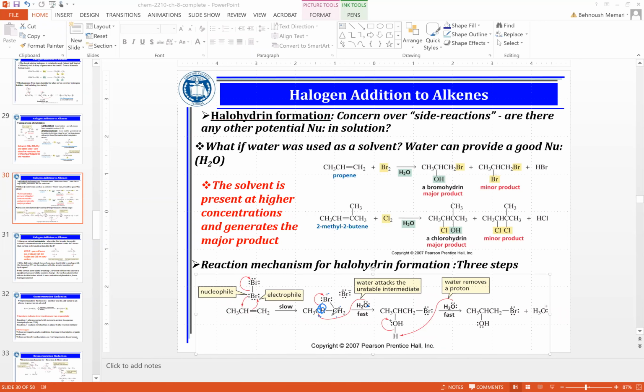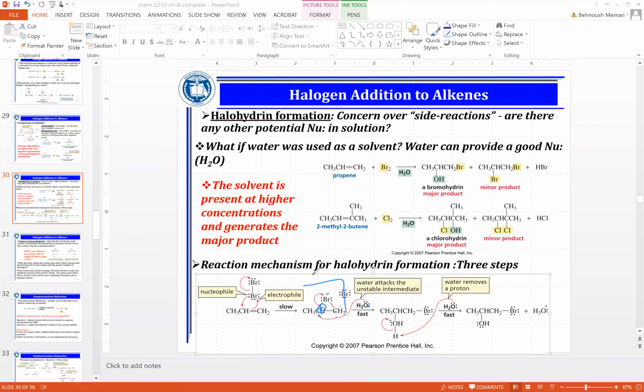So when it's not symmetrical, you have to look for where the plus charge is more stable. Basically, the more substituted carbon will take the nucleophile when you have this triangle, where the positive charge is shared. The addition is going to be anti-addition again. How do we know it's anti?